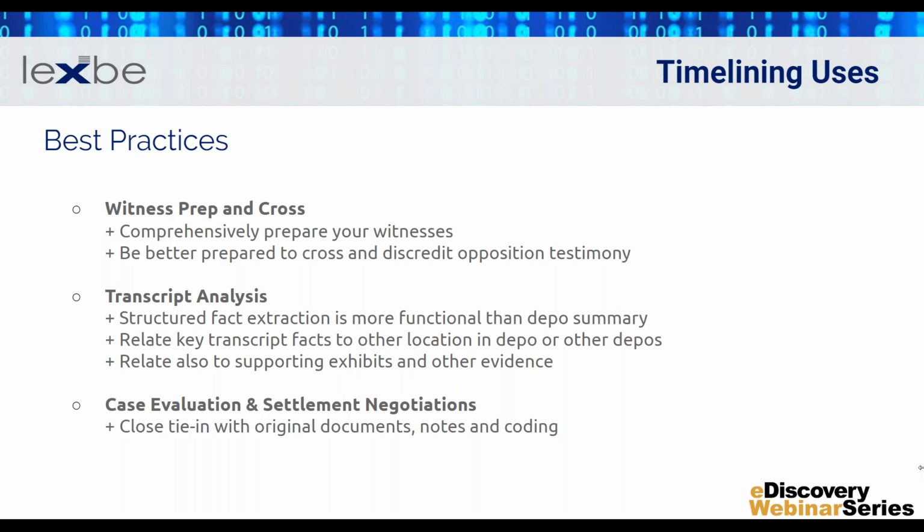You're protecting yourself against the leaking of those bad facts. You are able to tie in facts with the original documents and notes, and potentially counter what's being brought up by opposition, because if you have that timeline with you or in front of you, or you just know that you have a strong understanding of everything, again, you can counter kind of on the fly when things are brought up in settlement negotiations.